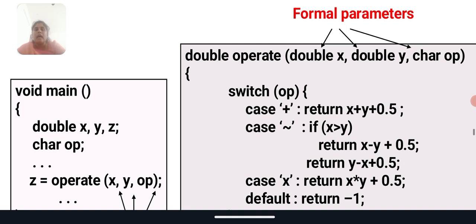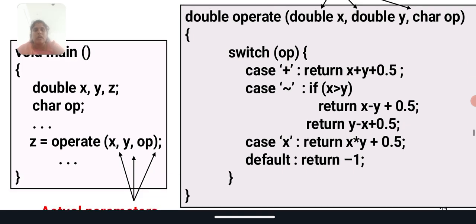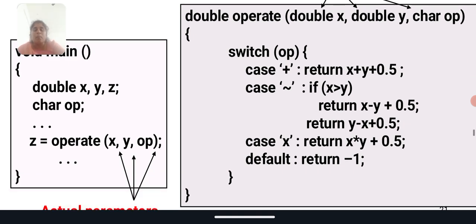Here I am using the function in a main program, that is void main. I am calling the function operate of x comma y comma op. I am passing three values: x and y are of double data type and op is of character data type.